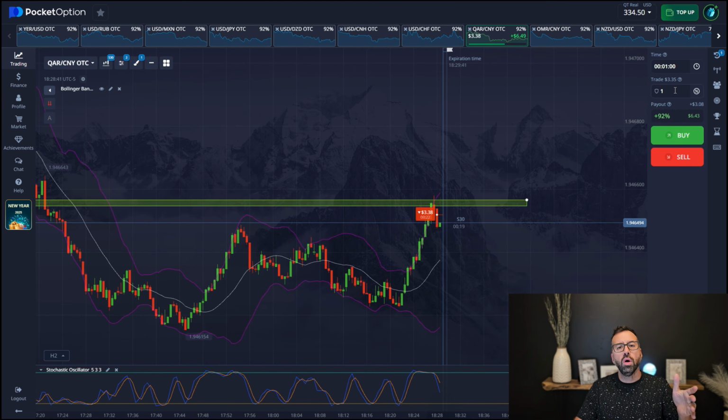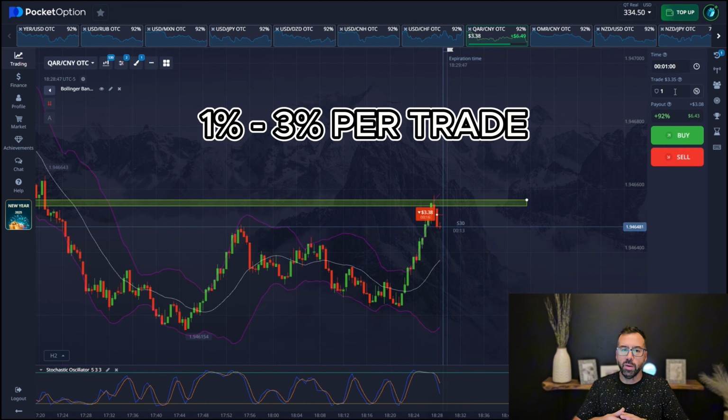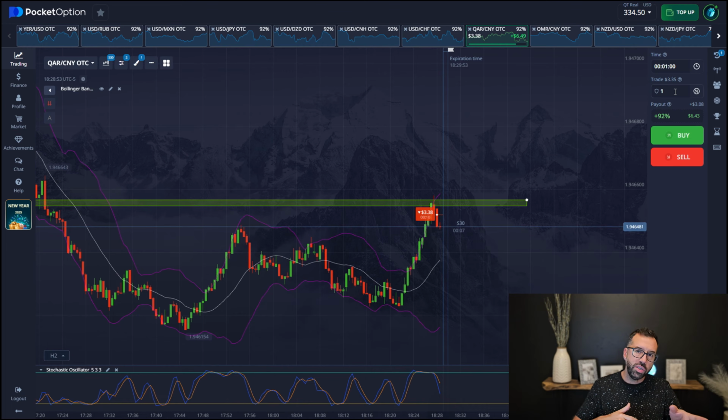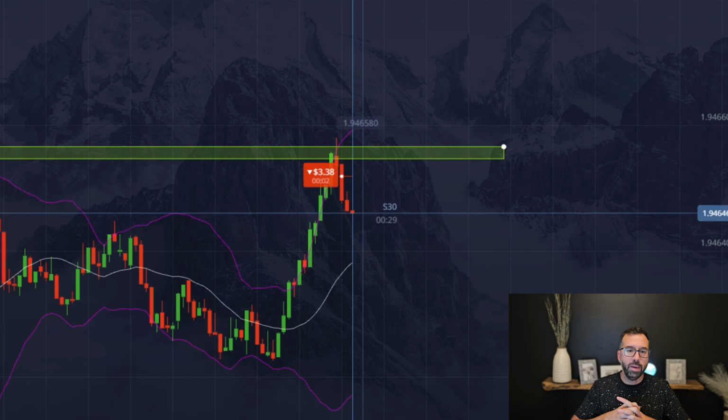What are we betting here? How much are we investing in each trade? Ideally, it is between 1 and 3%. Okay. If you lose on the 1, maybe you want to make it 1.5 or 2. And if you lose on 2, I would suggest changing charts and then upping it to 2.5% to try and reap those rewards on the way back down.